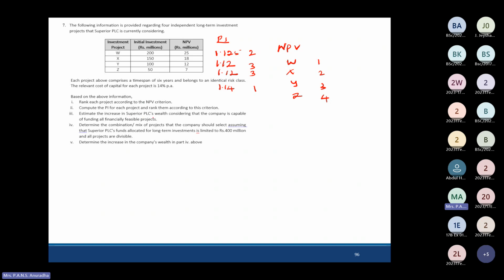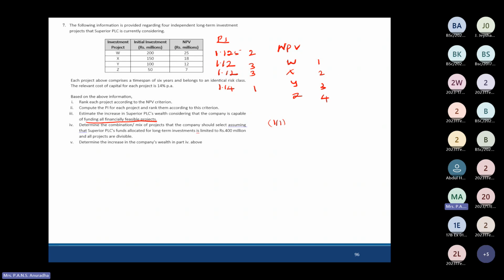Estimate the increase in wealth considering that the company is capable of funding all financially feasible projects. Without a fund constraint, you assume that the company can finance all projects. Then what is the increase of the wealth? Question number 3: if it can finance all projects, all the projects have positive NPVs.